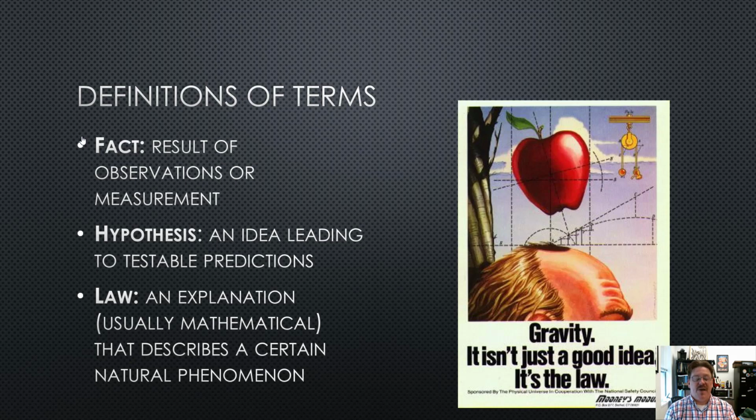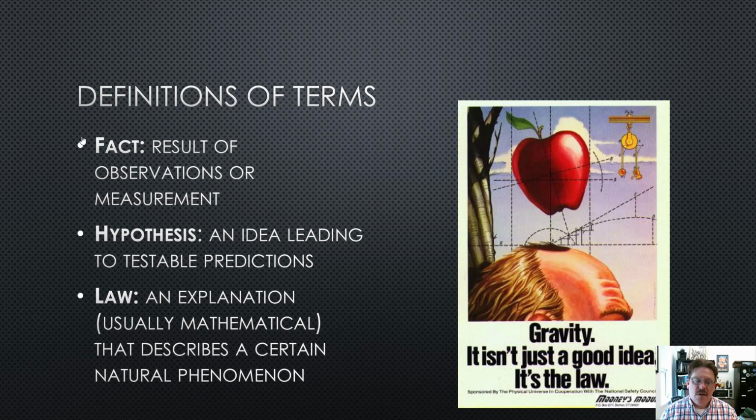It is a guess based on previous observations, previously observed facts, and previous knowledge of that phenomenon to guess what something will do at a future date that can be tested given the equipment that we have or potentially the equipment that we will develop in the future. That is a hypothesis. If it cannot be tested, then it is simply conjecture. It does not really fall into the purview of scientific inquiry.